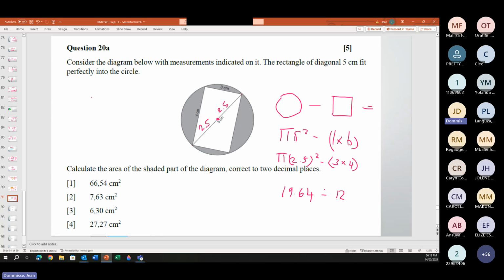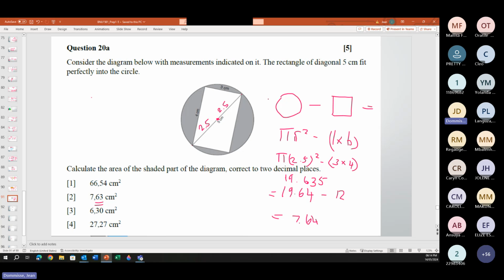So 19.64 minus 12 is equal to 7.64, which is close enough to the 7.63. I rounded it off, so if you look at it, it is 19.635. So that is where just that one difference comes in.